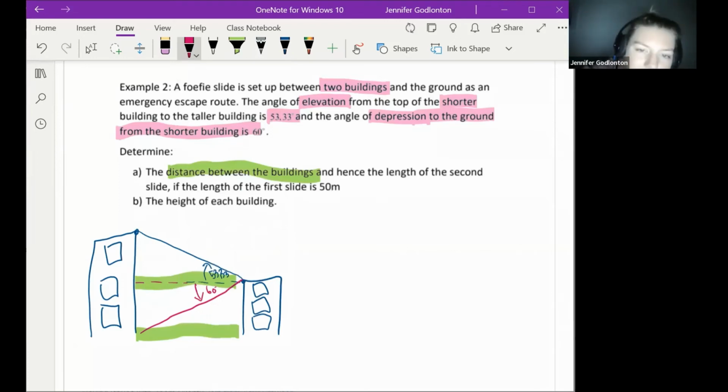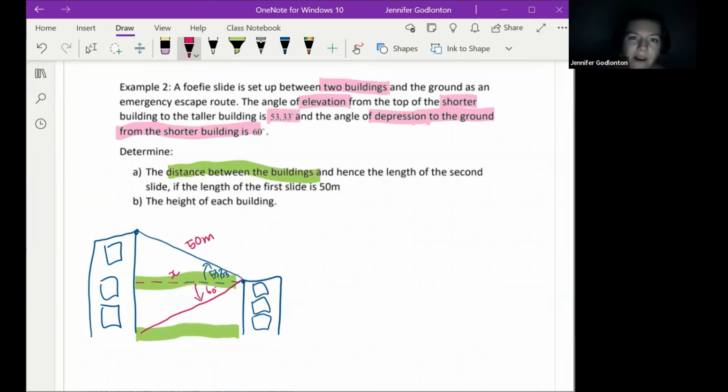So they're telling us that the first slide is 50 meters. And in this first question, I'm wanting to find x. That's the first part. We'll slowly start breaking down the rest of the question and see how far we get.